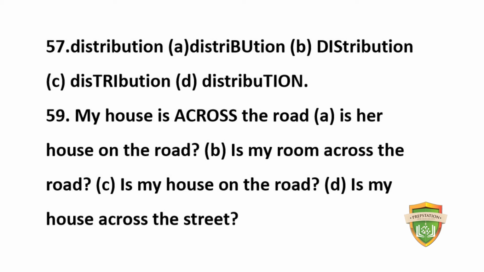Okay, now 59 is going to test your understanding of emphatic stress, stress at the sentence level. In this regard, you have the question, my house is across the road. Across is emphasized. My house is not anywhere else but across the road.